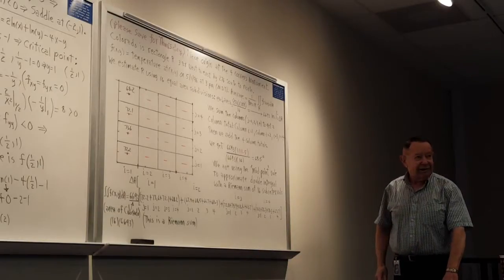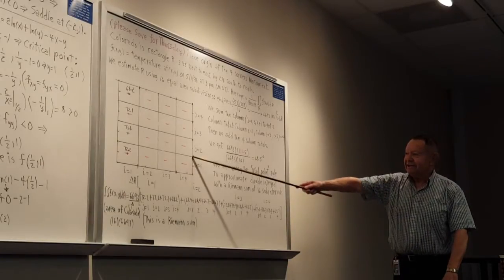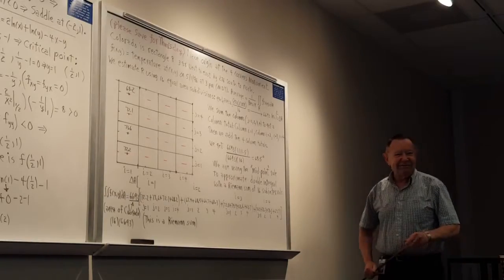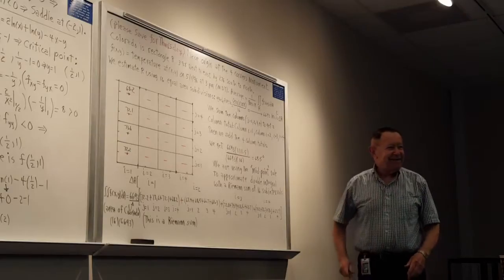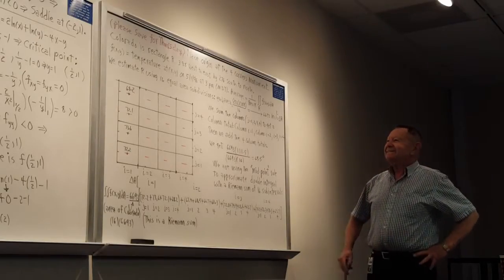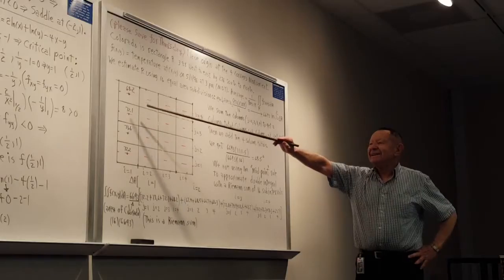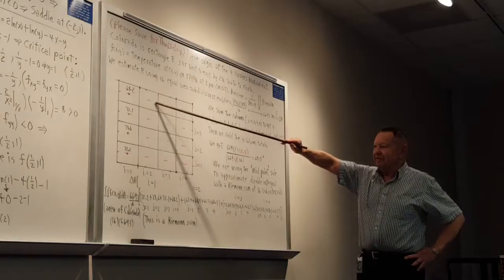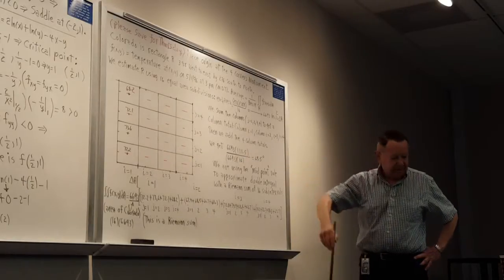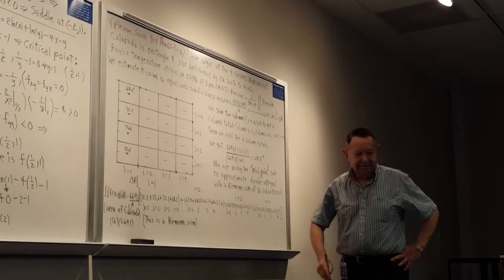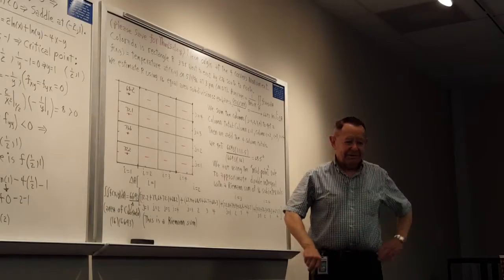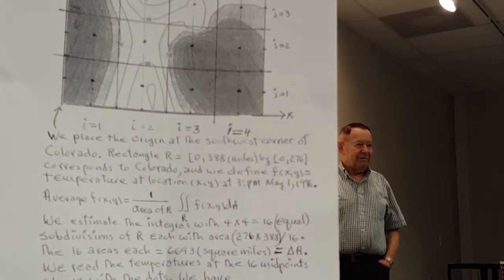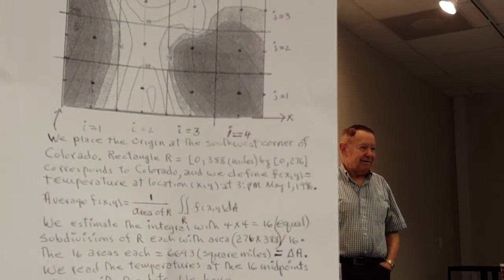6,693 square miles. One of these would be a nice ranch to have, wouldn't it? Especially the one that has Denver in it. You'd have a little money. So anyway, at least in my scheme, you can see there'd be a midpoint. And if you look at Stewart's contour map, you can look at the contours and eyeball where the midpoint would be and guess what the temperature is.